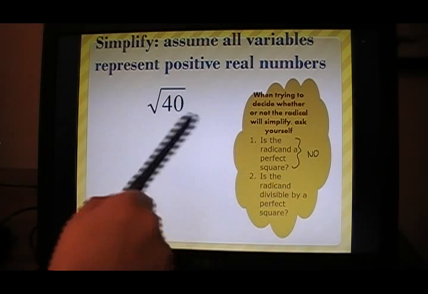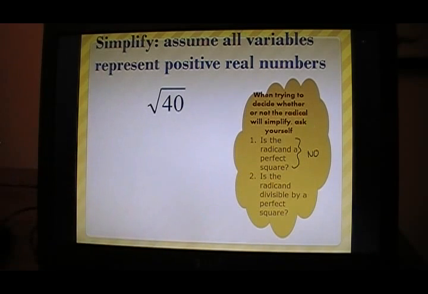So if I go through and think about all of the factors of 40, I can multiply 1 by 40, I can multiply 2 by 20, I can multiply 4 by 10, and I can multiply 5 by 8. And that is a complete list of the factors of 40.